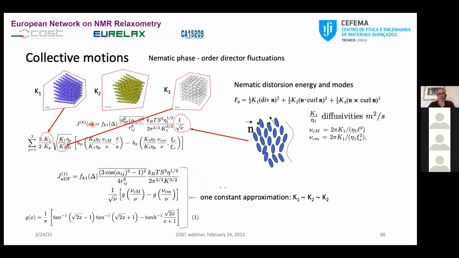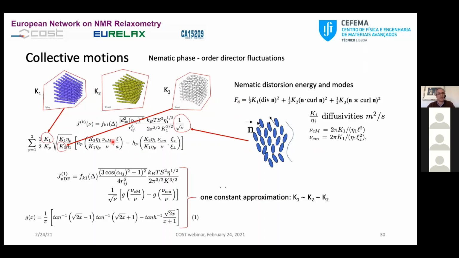Okay, so these fluctuations, these collective motions can be described. And in the case of the nematic phase, which has been extensively studied, the distortions of the director field that we can imagine existing in the system can be reduced to 3 independent modes, and some spectral densities can be obtained.